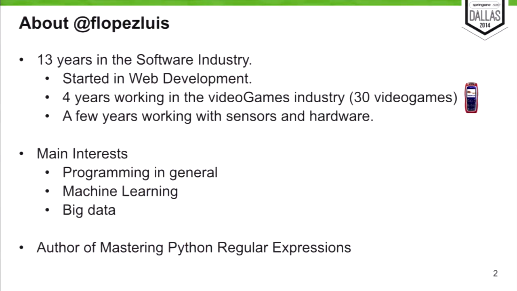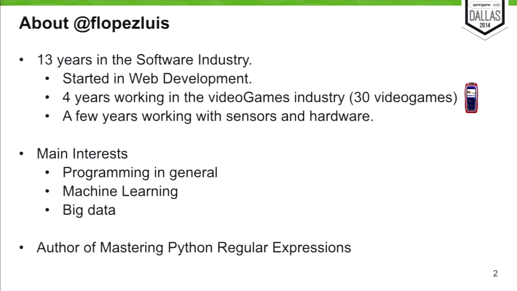So, as I said, I'm Félix López. I've been working in the software industry for 13 years. I started working in web development, creating websites for large corporations, banks, and currency exchange. After that, I spent 4 years working in the mobile video games industry. Basically, that was far before Android and iPhone, where there were more than 1,000 devices, and it was normal to have between 30 and 50 versions of the same code.